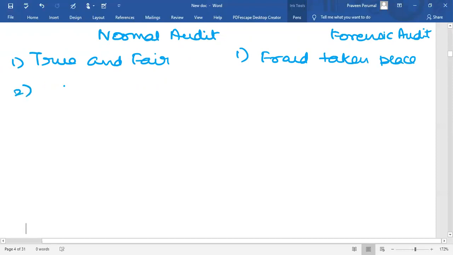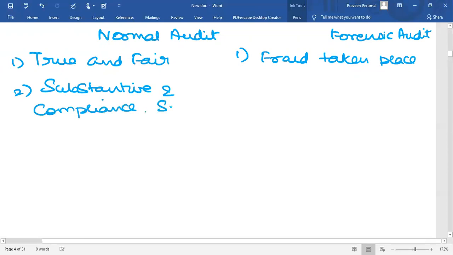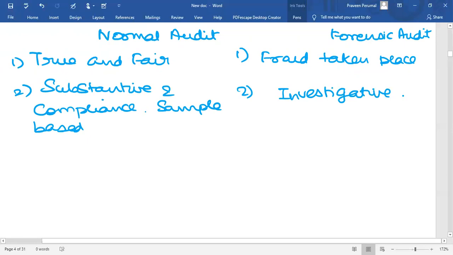Techniques in normal audit are sample-based techniques, substantive techniques and compliance techniques. Whereas in forensic audit, investigative, substantive or in-depth checking.